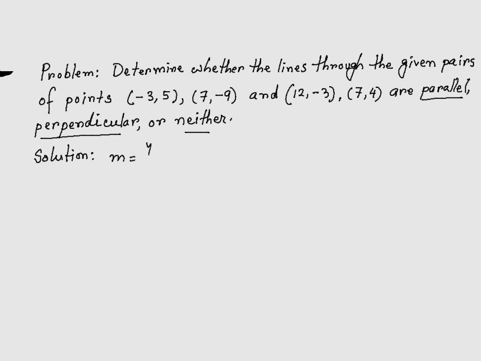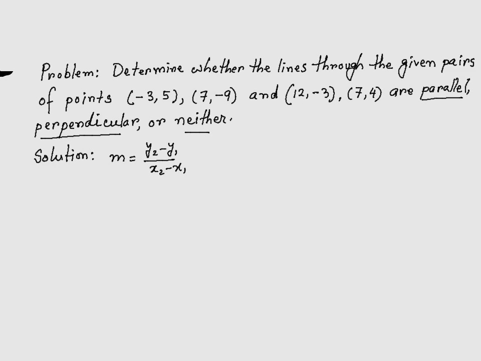M is equal to y2 minus y1 divided by x2 minus x1. Once we find the slopes of these straight lines, we are going to compare the slopes. If the slopes are equal, then the lines must be parallel. If the slopes are negative reciprocals of each other, then the lines are perpendicular.